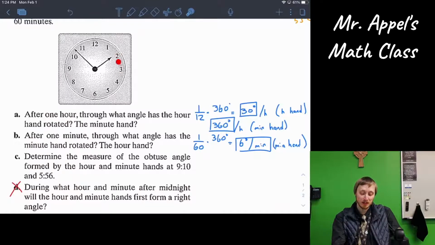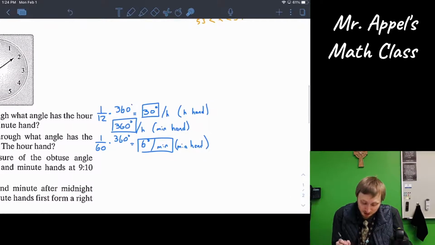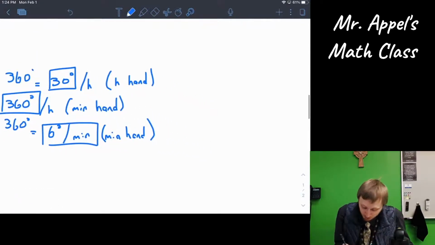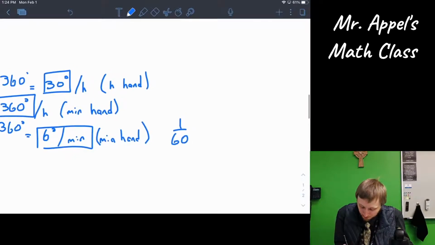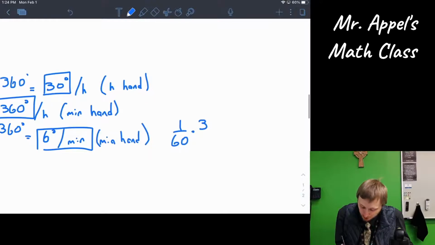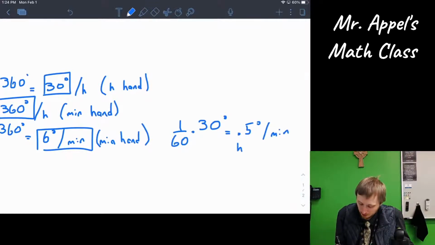Hour hand moves a 60th just of that segment from 2 to 3. That 30-degree sector. So we still have 1/60th, because we want 1 minute. But now it's a 60th of 30 degrees. Right? 3 over 6 reduces to a half. This is 0.5 degrees per minute for the hour hand here.